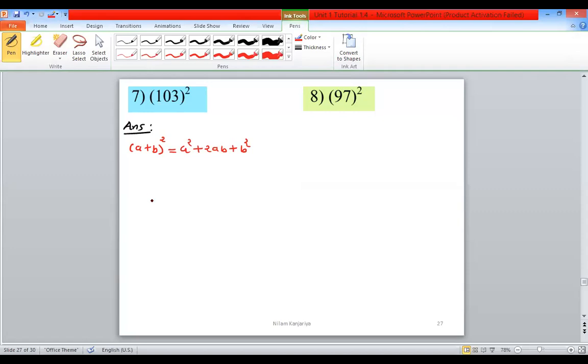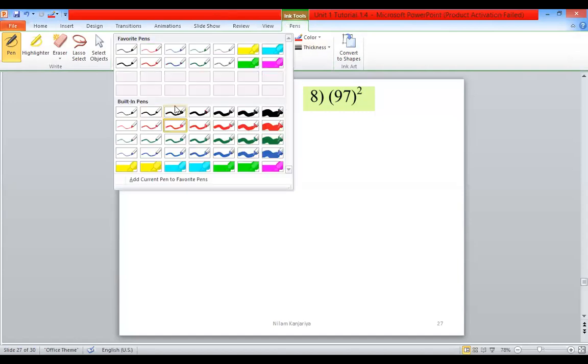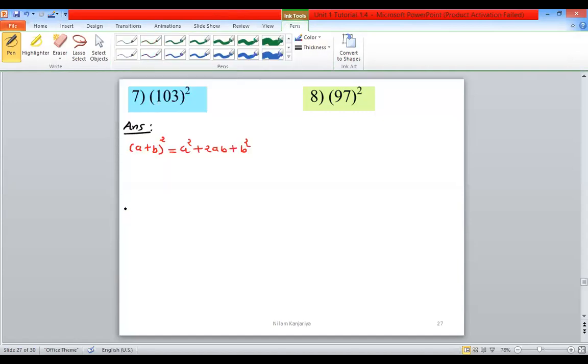I use this identity because we have a whole square, so you must use the identity which has a square. Yes, this is right, you can convert it to 103 into 103 also. But in this question, a and b are both the same, so I have no problem, but this is a suitable identity for such a question.